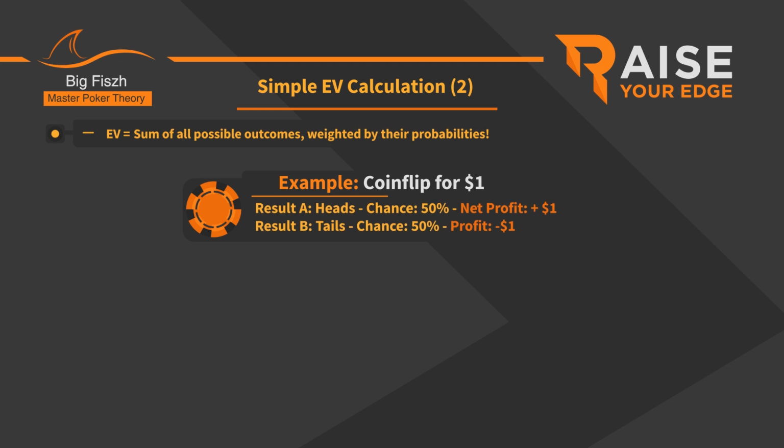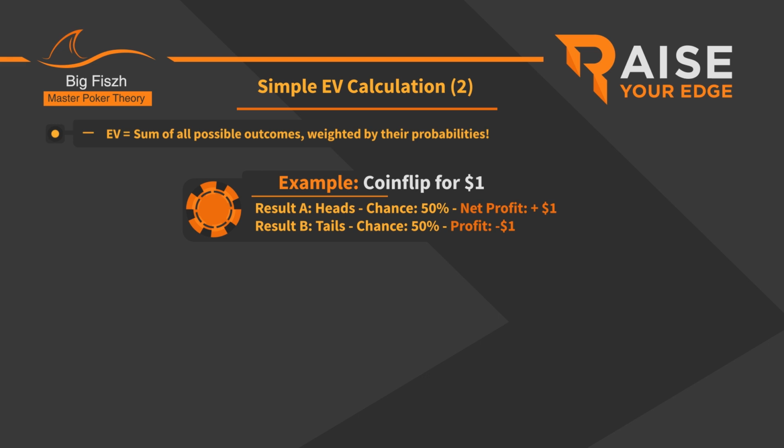We flip a coin for $1. Again, we look at all possible results, which is A, we hit heads, which happens in 50%, and our net profit is plus $1. B, we hit tails, which again happens 50%. See, again, we can add up that to 100% as both occurrences are related to the same event. And we lose $1.